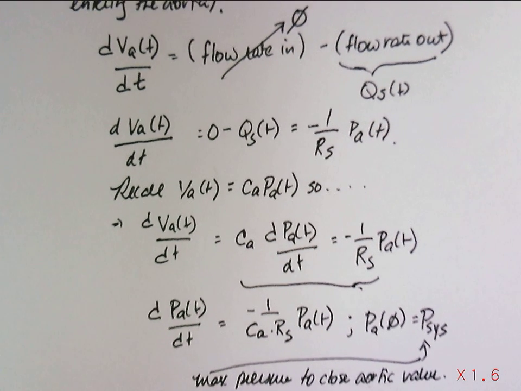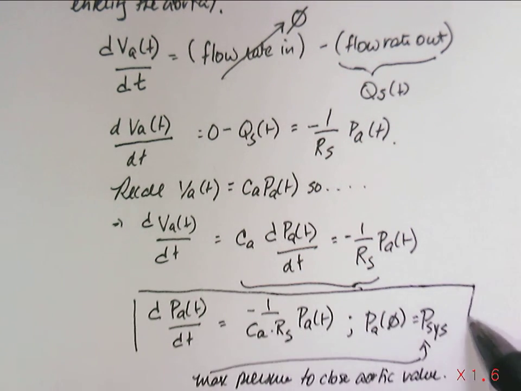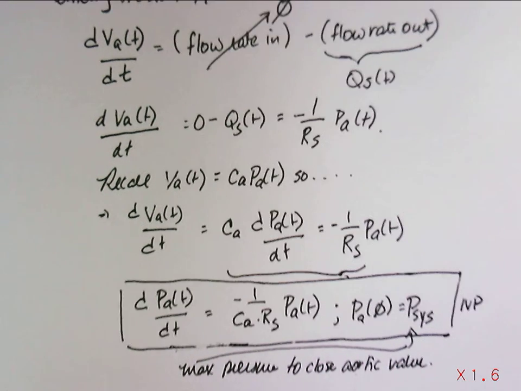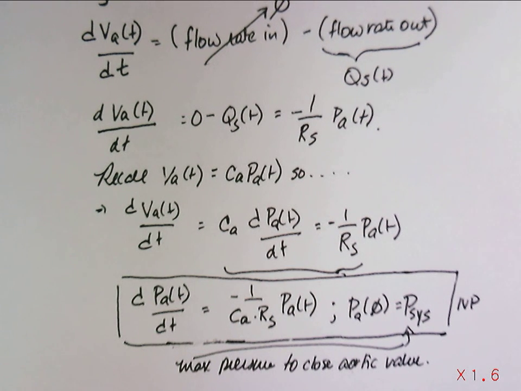So you have your differential equation now. Here it is. Here's the IVP that defines the rate of change of the arterial pressure. Right? Solve this linear differential equation. Solution.